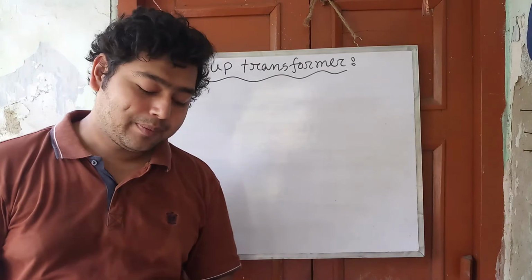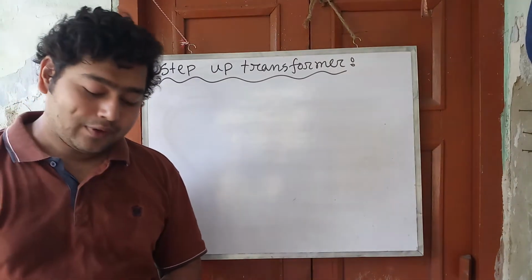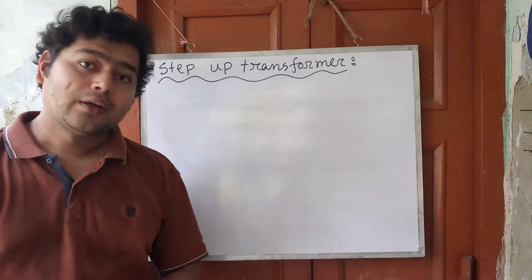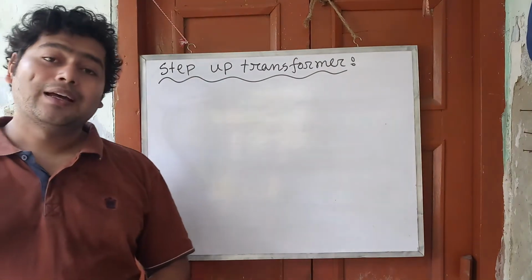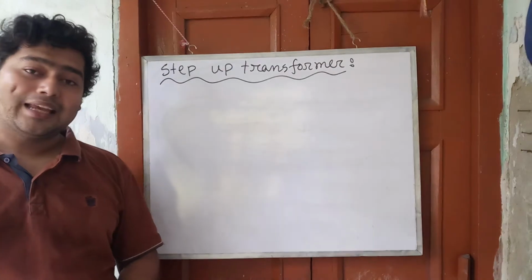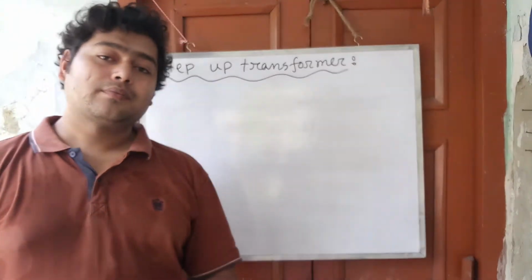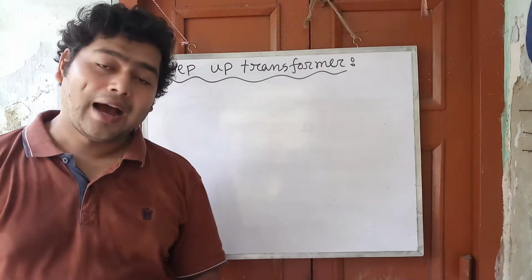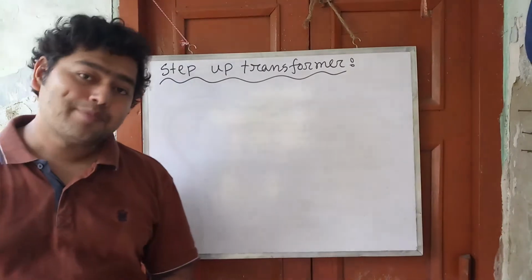I am repeating: the transformer which converts electric current of greater strength at lower voltage into electric current of lower strength at high voltage is called a step up transformer.